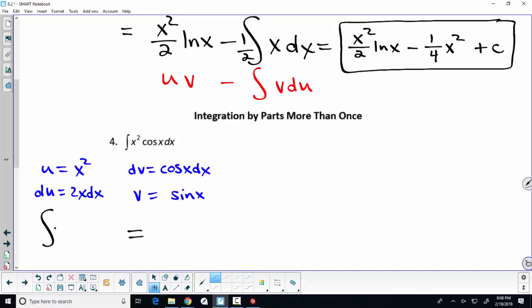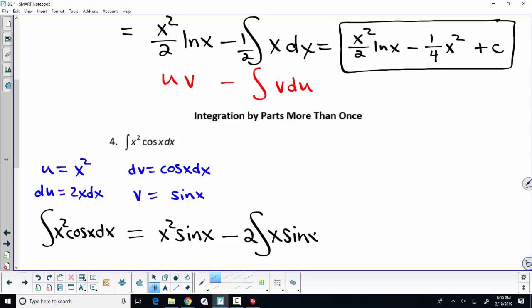We have the integral of x squared cosine x dx is u times v, so x squared sine x, minus the integral of v du. So let's put the 2 out here, x sine x dx.